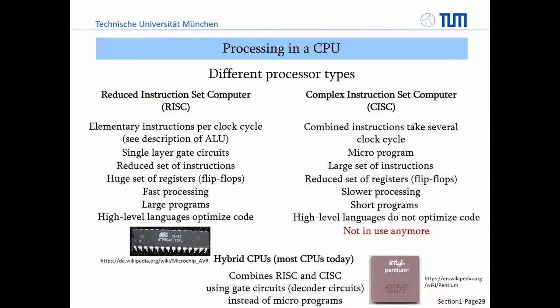Nowadays you have more or less a combination, so this way of microprograms is quite nice, because you can extend your basic set of instructions, and therefore you have nowadays this combination of RISC and CISC things, using gate circuits, decoder circuits, instead of these microprograms, so that you have something like a microprogram, but this is coded inside your circuits.